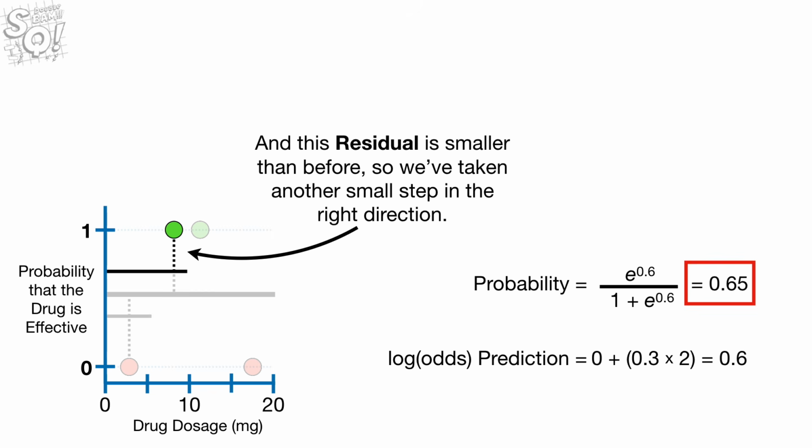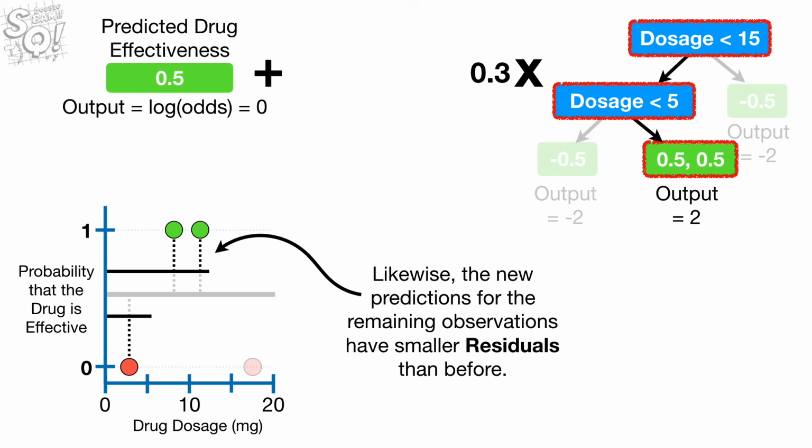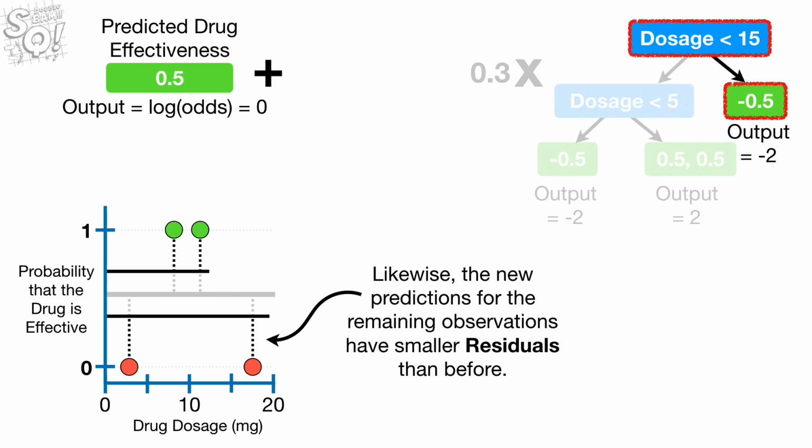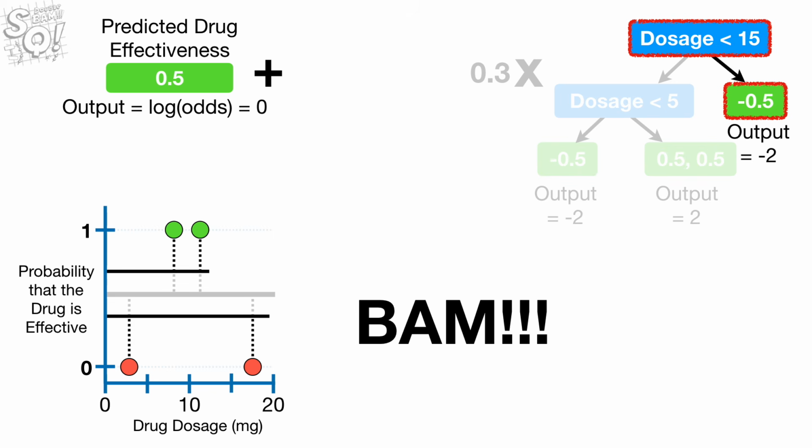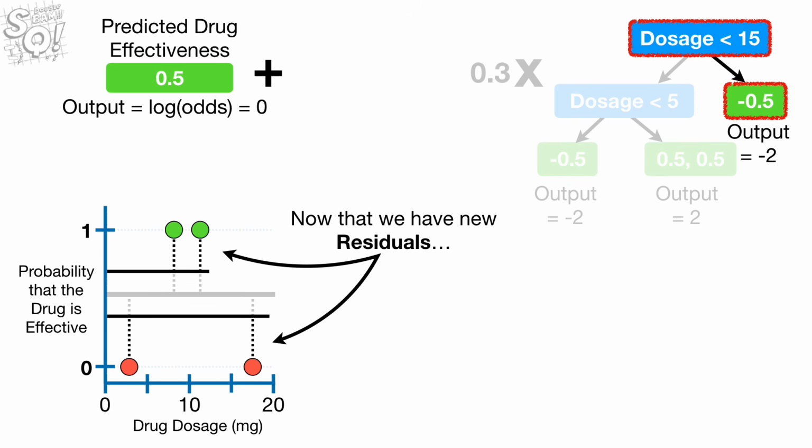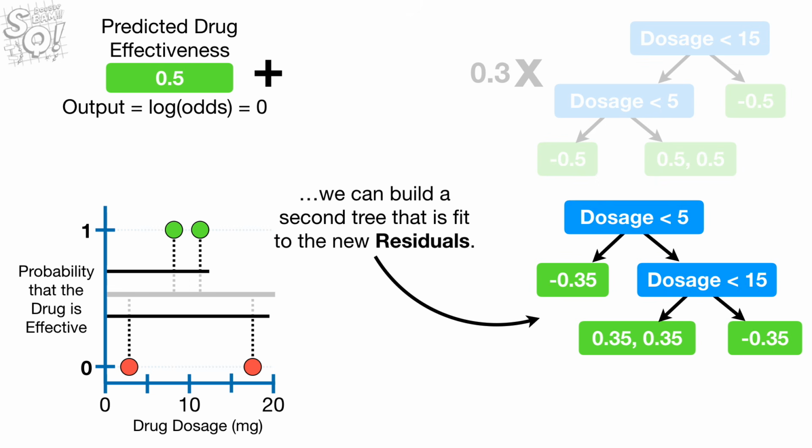And this residual is smaller than before, so we've taken another small step in the right direction. Likewise, the new predictions for the remaining observations have smaller residuals than before. Bam! Now that we have new residuals, we can build a second tree that is fit to the new residuals.